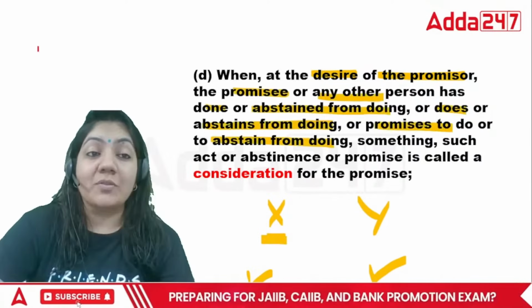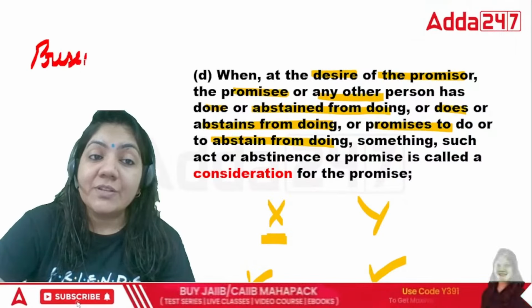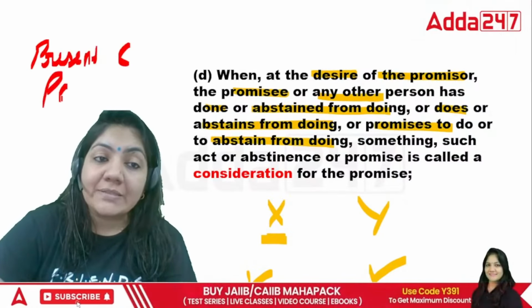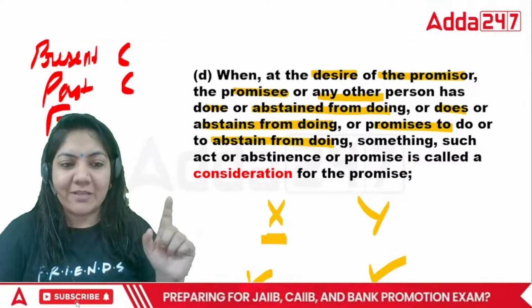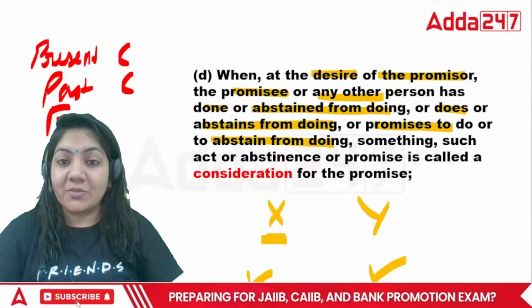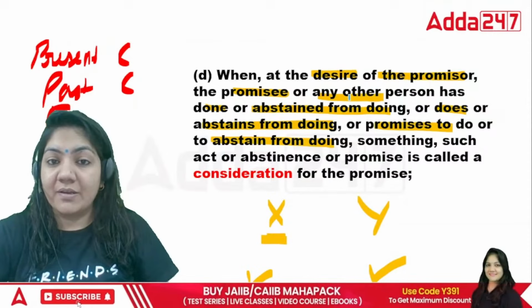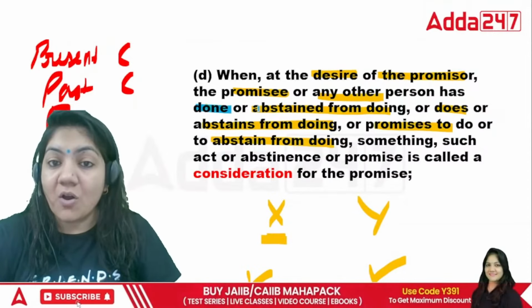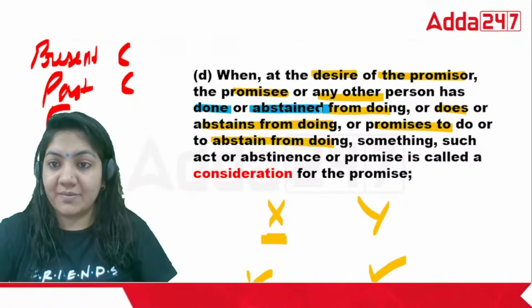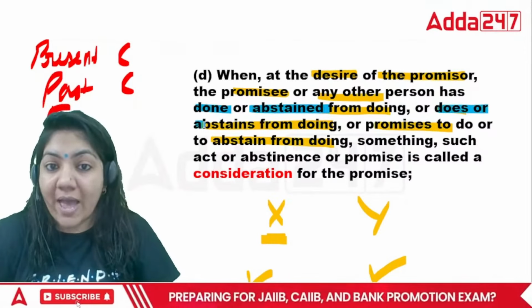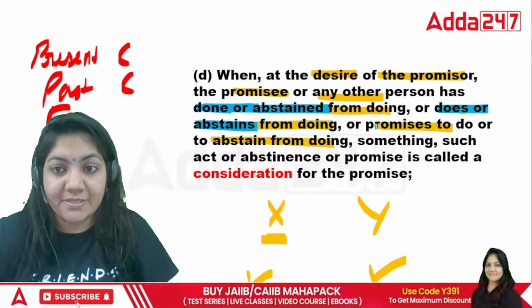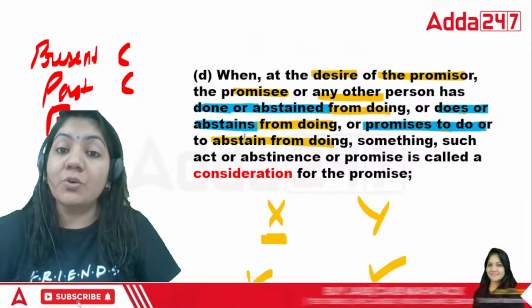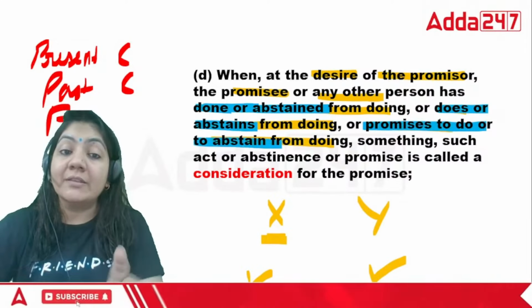Exactly. But there is present consideration, past consideration, and future consideration. You know, tense: past, present, and future. So class, has done or abstained, does or abstains. This is past, this is present, and promises to do or abstain from doing, that is future.